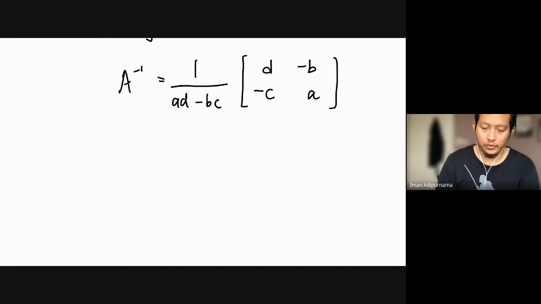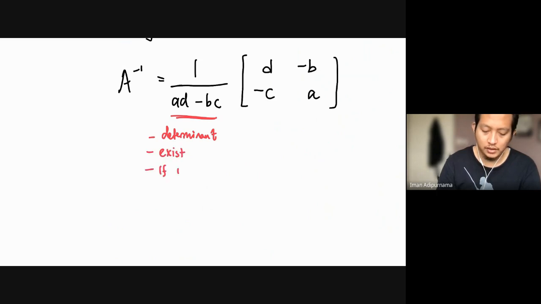So this is called the determinant, and it needs to exist. If it is 0, then there is no inverse matrix.